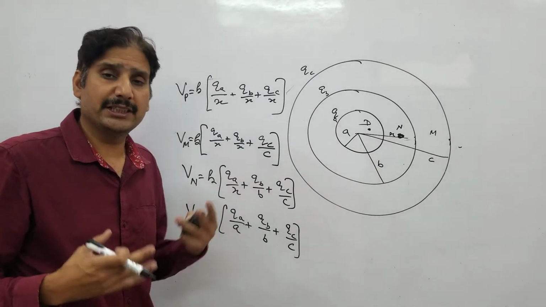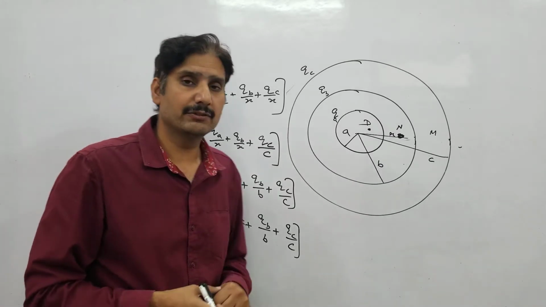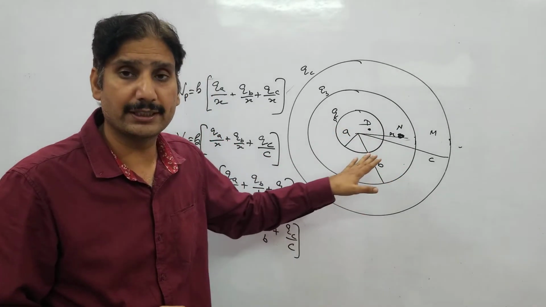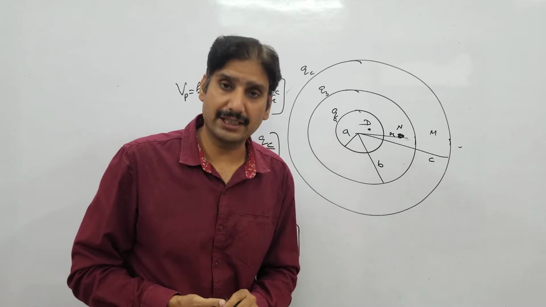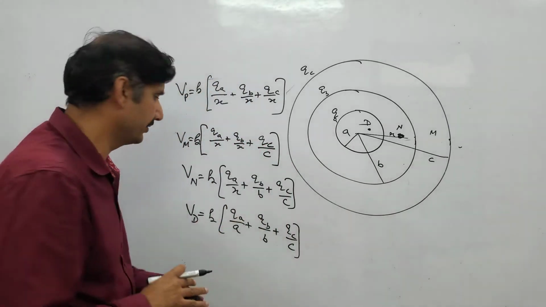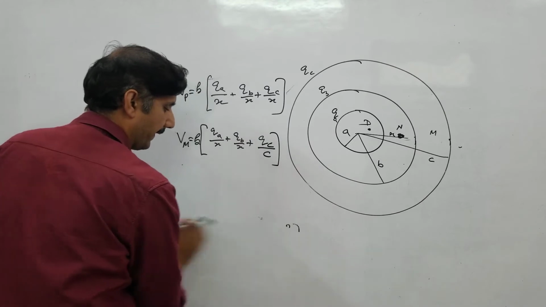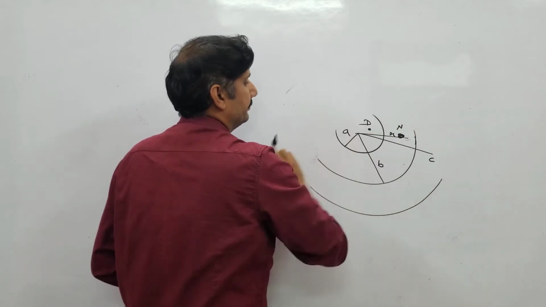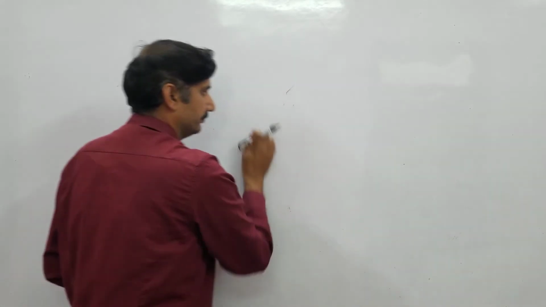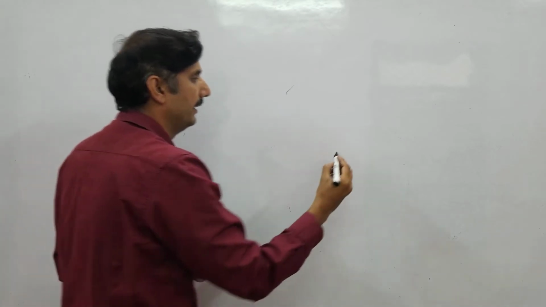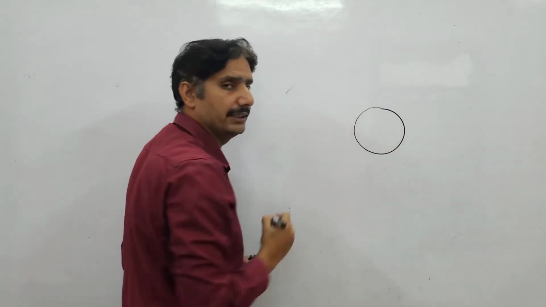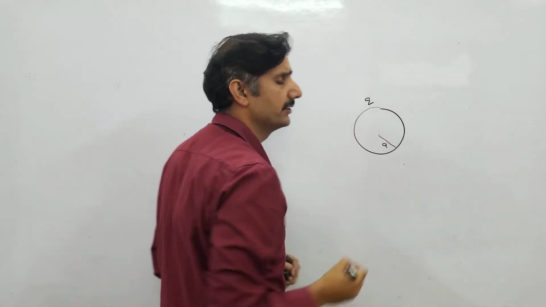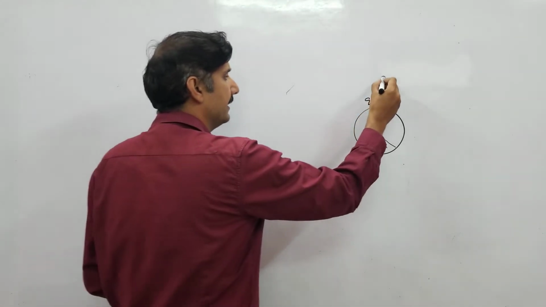But things become even more interesting when we are asked to find out the induced charges on these shells when one of the shells has been grounded. Let's take a very standard question. Let's say this is a shell which has radius A, and I've given it charge Q. Then there is a second shell.